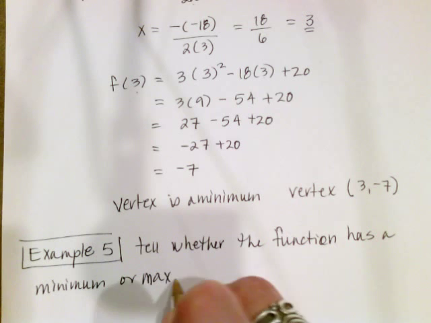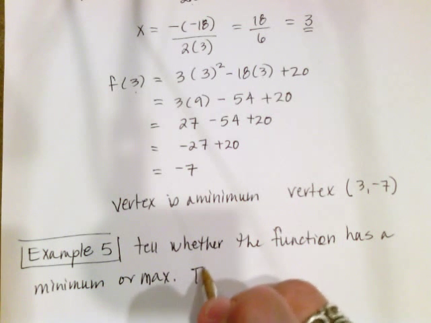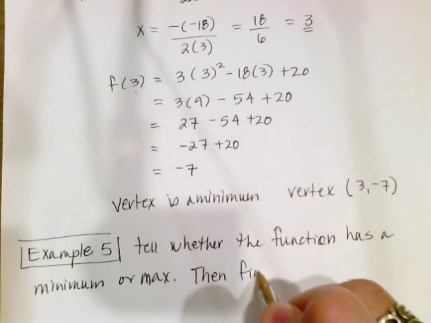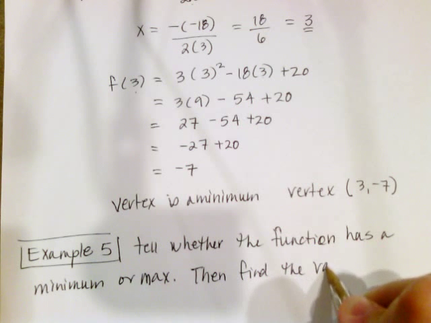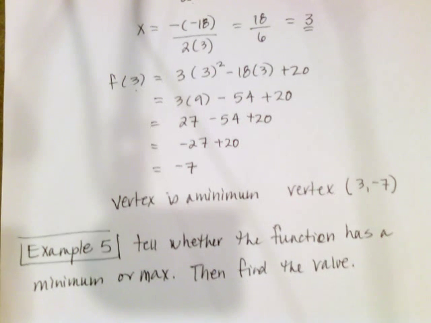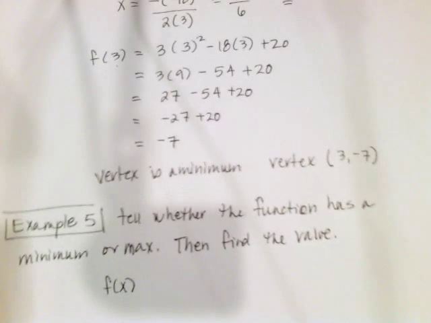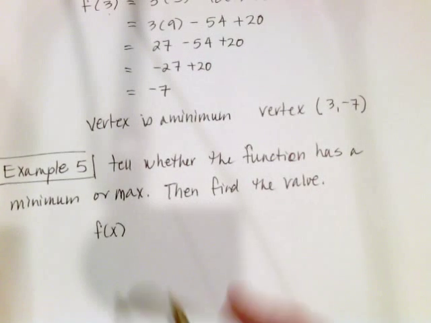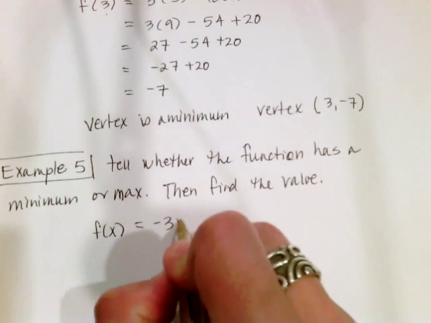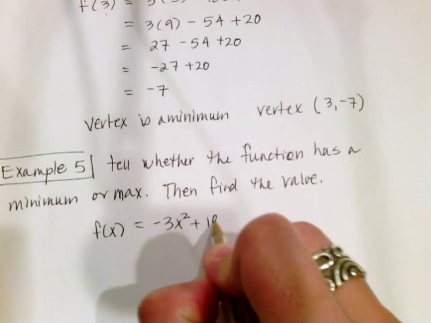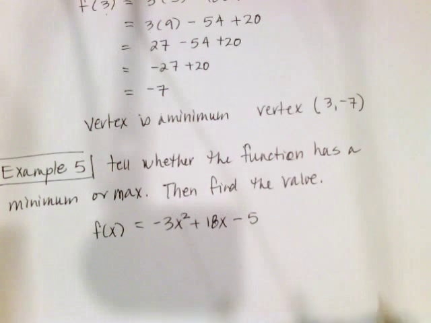Okay, and then I want to find that value. So then find the value. Okay, my equation is going to be f of x, which is the same thing as a y. It's another way of showing a y, is equal to a negative 3x squared plus 18x minus 5.